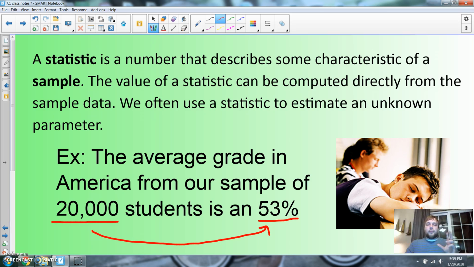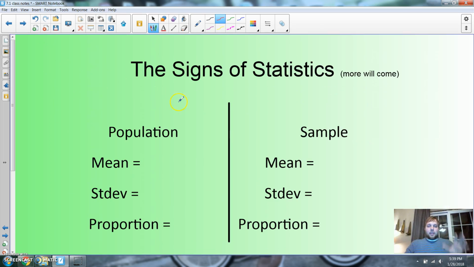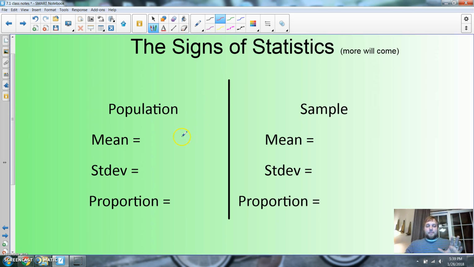We're going to go over some key verbiage and key symbols, just to make sure you're aware. I try to go over this about every chapter: parameters and statistics. What is our population symbol for mean? If we want all the data for everybody, it's mu.